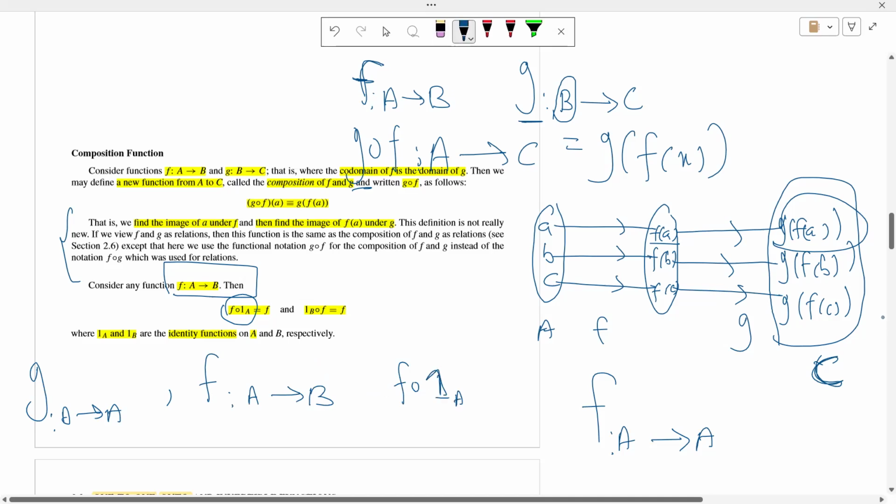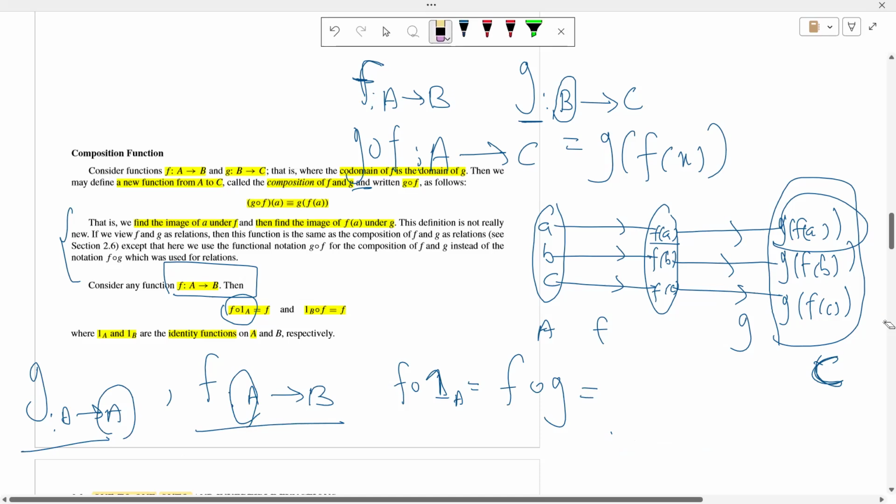Now tell me, what is the answer for this one? If you look here, my first function is A to A and my second function is A to B. So the codomain A of the first function is the domain of my second function. Now if I compose these two functions, what is the answer?